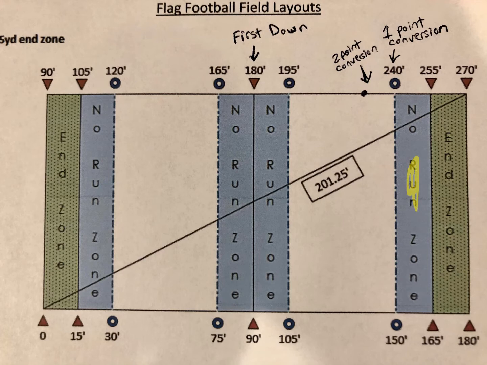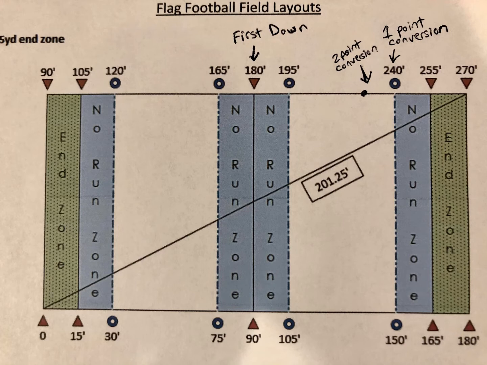As far as coaches allowed on the field, for Pee Wees, 2 coaches are allowed on the field. For juniors, seniors, and super seniors, only 1 coach is allowed. And a lot of coaches, once they get to the senior and super senior levels, opt to stay on the sidelines anyways. The defensive team covers receivers, rushes the passer, and grabs the flags to make tackles.